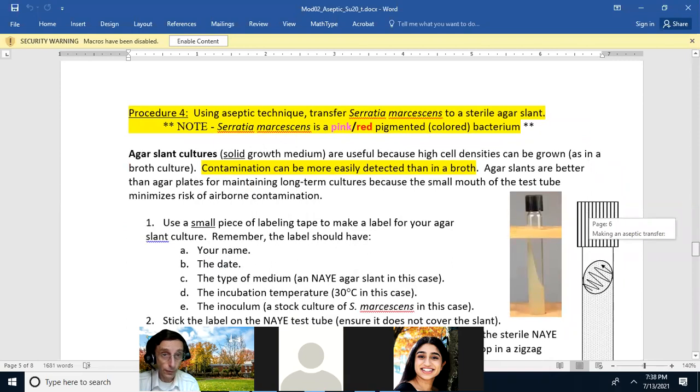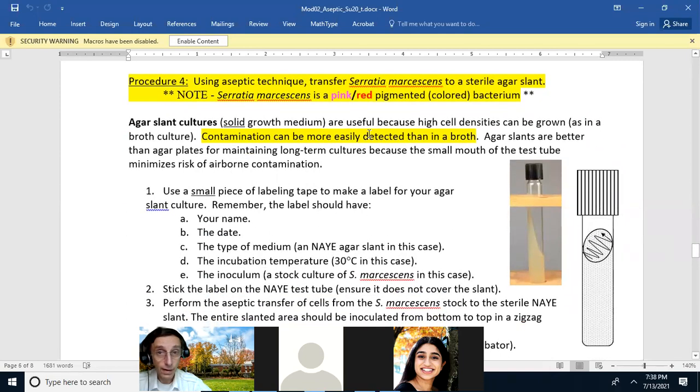All right, procedure 4 is similar, except you're going to be transferring Serratia marcescens to a slant culture. And here we're looking at a slant culture. You can see that a slant has the agar in a slant. And because of the agar being there, it's a solid culture. What you do is you inoculate the bacteria on the slant. Contamination is much easier to detect on a solid culture because, let's say you're inoculating a yellow bacteria.